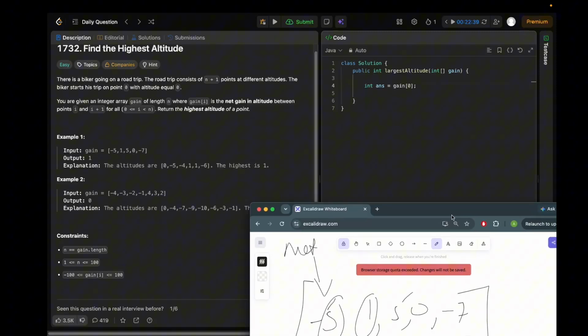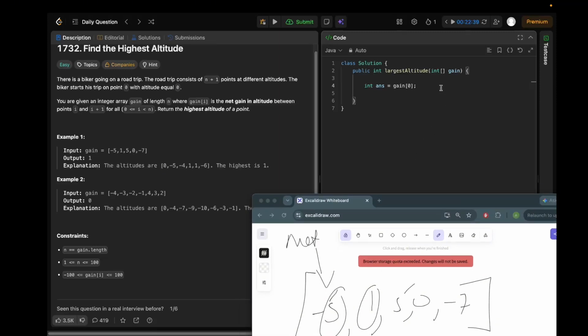Let's assume our highest gain was this point, and then for each gain in gains, what do we do? Answer equals Math.max of the first, comma, and then answer minus g.